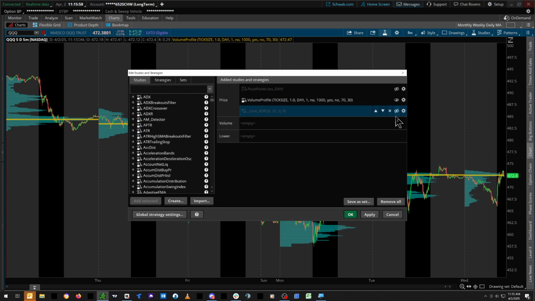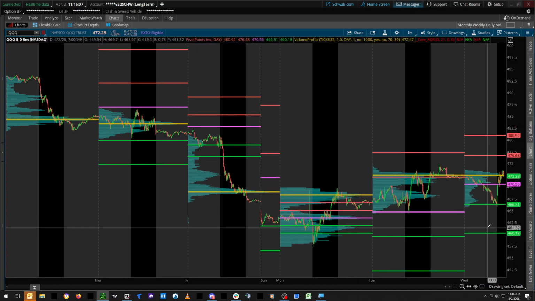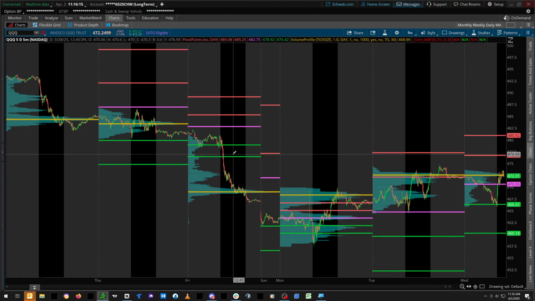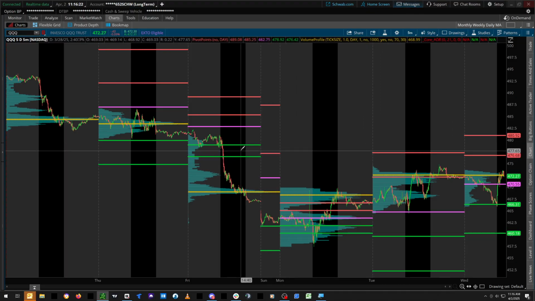If I turn on this and this, as you can see, I got all kinds of lines. Here's a volume profile. Here's a pivot point, I think.